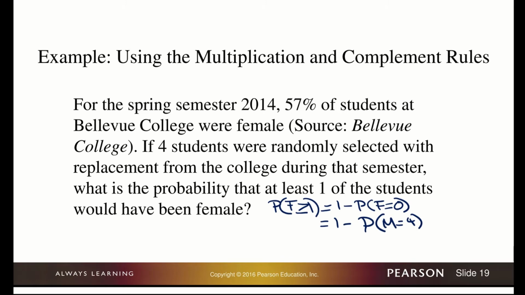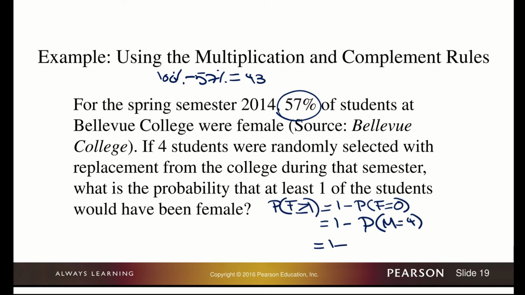Now, remember, this is happening with replacement. So the probability of the first one being male is just going to be the same as the second male being selected. So basically, we're going to have 1 minus. Now, first of all, notice that the 57% were female, right? So that means 100% minus 57%. I was working ahead in my head.